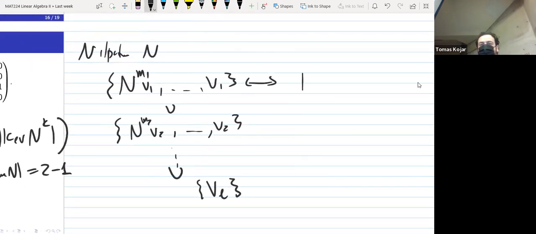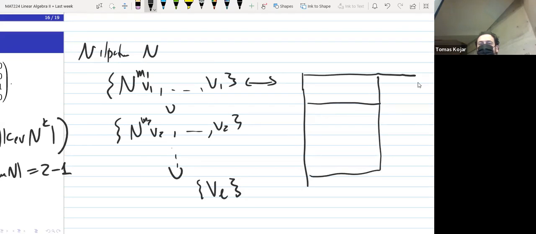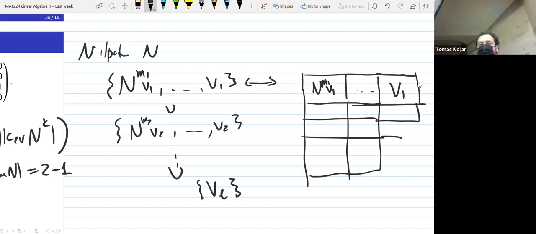So I drew this picture. I had v1 ... n^m1 v1, and v2 ... n^m2 v2, v3, and then eventually vl minus 1 and vl, and then just vl.